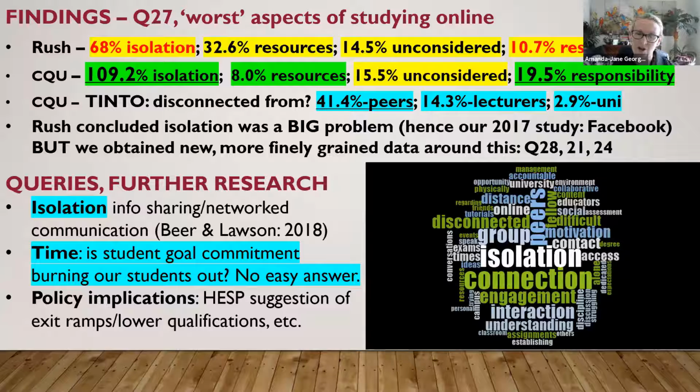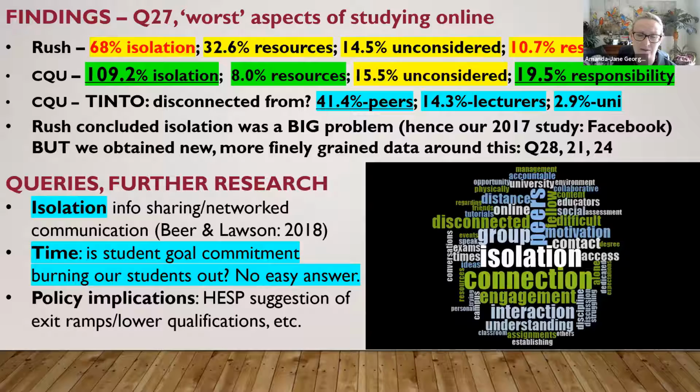So we drilled into isolation more in our study, and again, you'll see a wacky figure of 109.2%. So every student and then some mentioned some facet of isolation that they were feeling. Obviously that supports Russia's study. We drilled down further using Tinto's benchmarks in terms of connection, as Alex mentioned at the front. Tinto's model deals with connection to peers, connection to lecturers, and connection to the university.